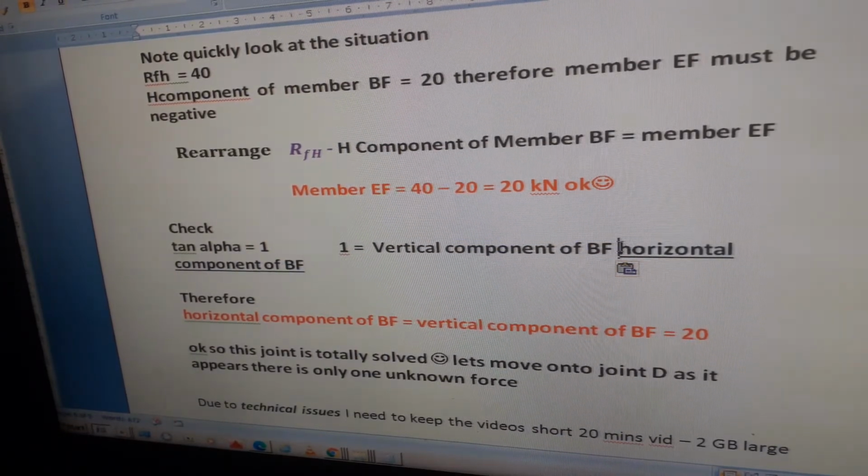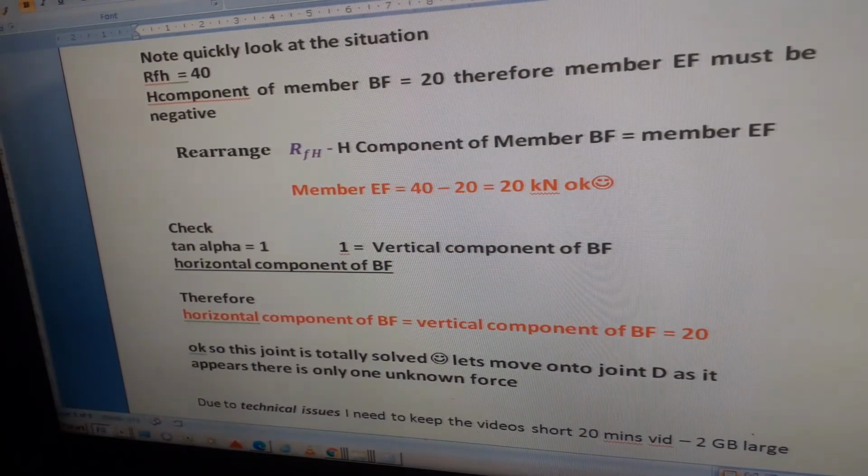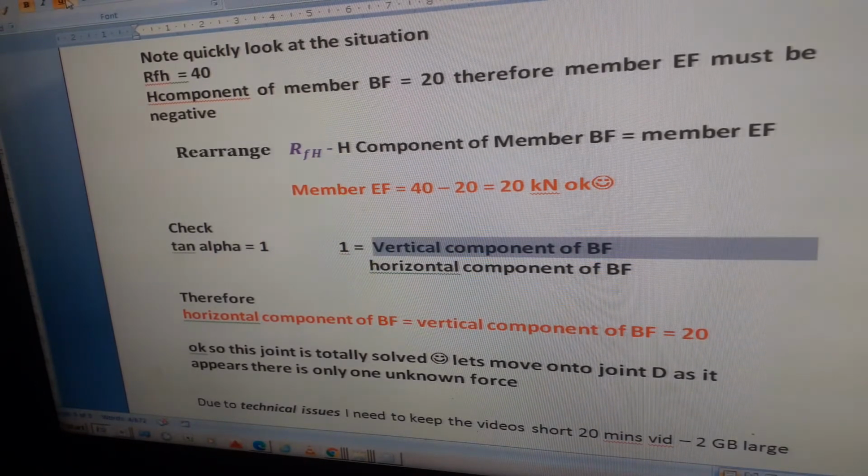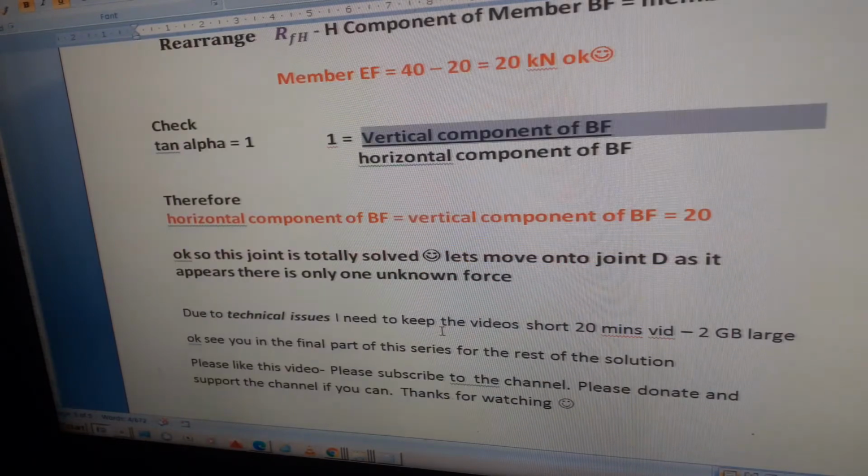Tan alpha equals opposite over adjacent, which equals the vertical component of BF divided by the horizontal component of BF. Therefore, the horizontal component of BF equals the vertical component of BF, and that's 20. So this checks that they're both equal to 20.